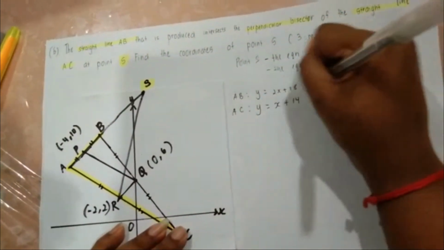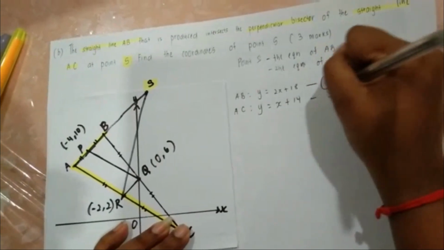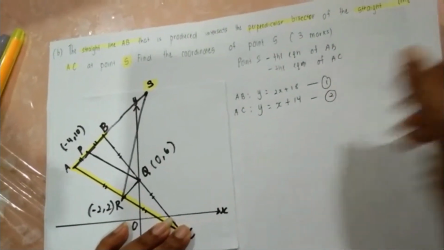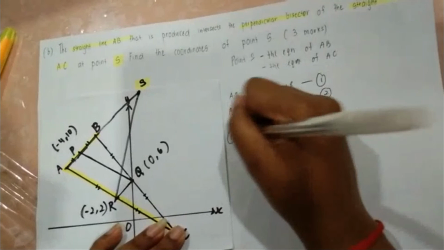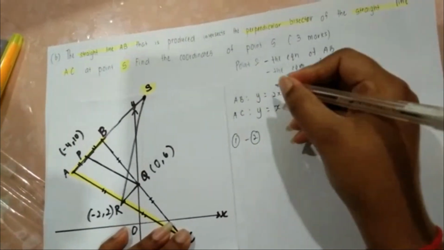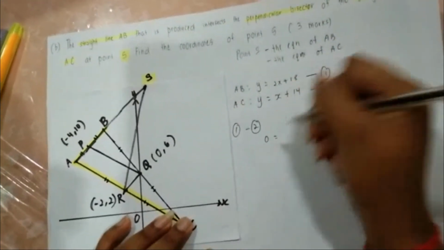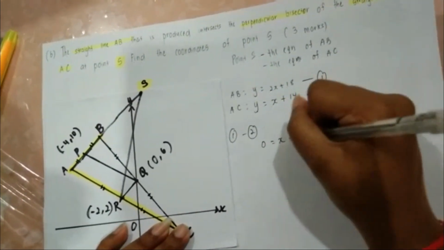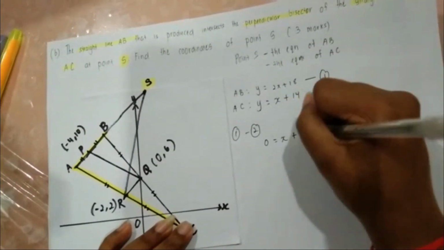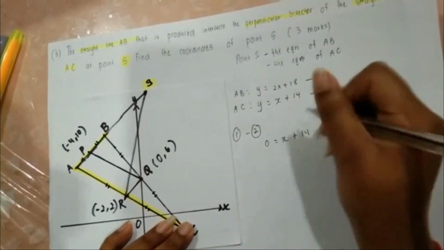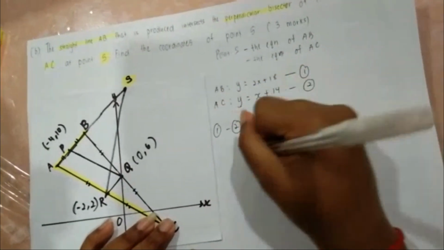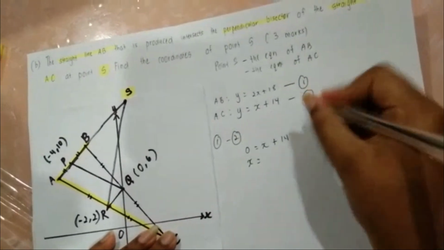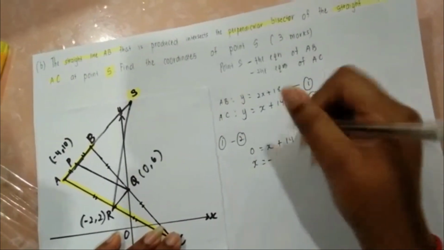So, keep this as equation 1 and this as equation 2, and we have to subtract. So, you'll get 0 because y minus y is 0, 2x minus x is x, plus 4 minus 8. So, through this equation, you will get the value of x equal to negative 4.